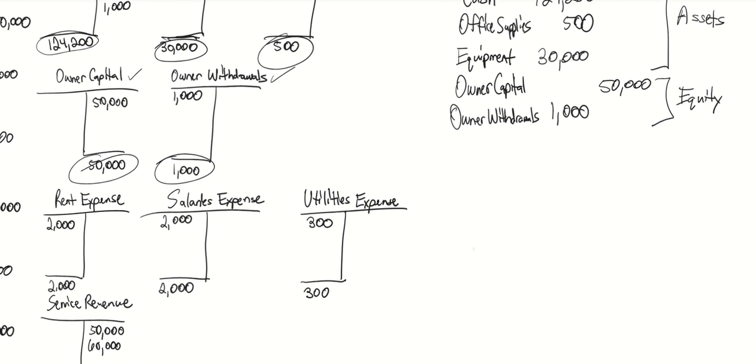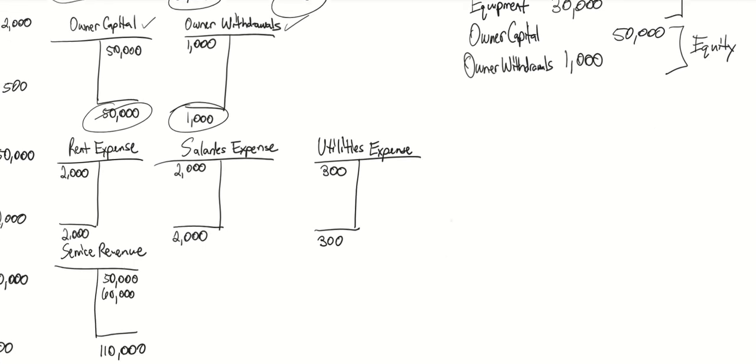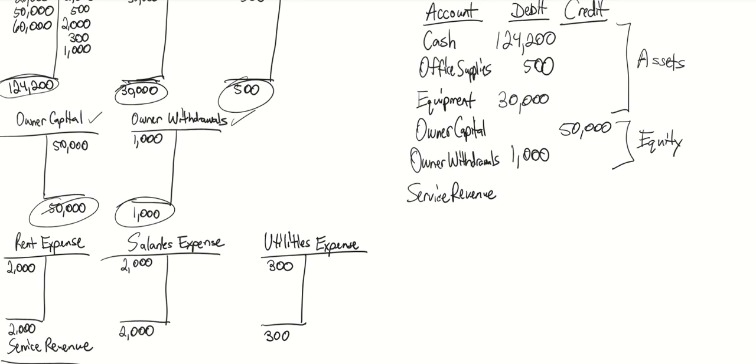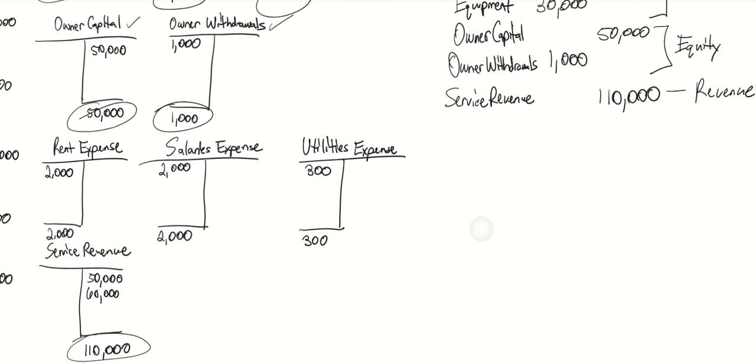All right. So the next one here is going to be revenues. And we only have one revenue account, so I'm going to put on here service revenue. And we see there's an ending balance of a credit of $110,000. So that's going to go right here, below the credit column. Okay, and that's it for revenue. Last, we have our expenses. We have a few expenses here.